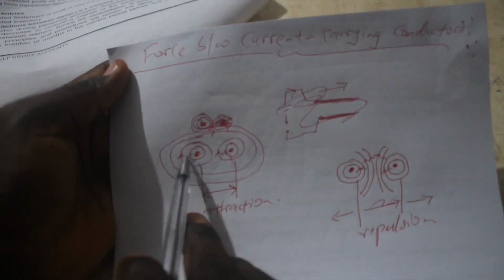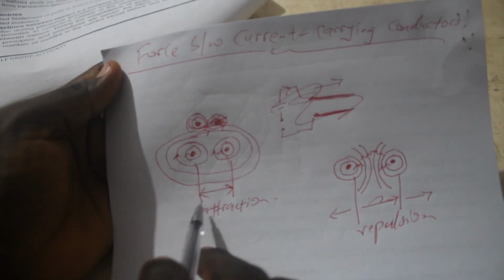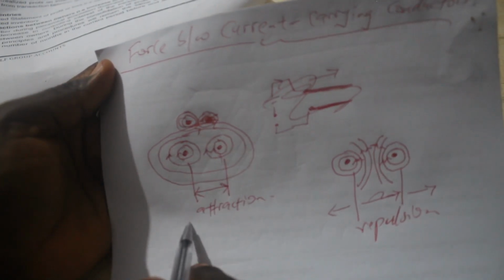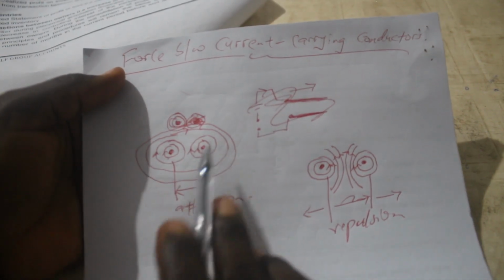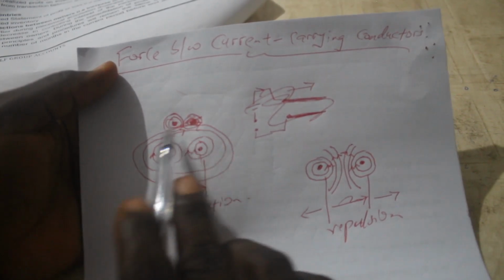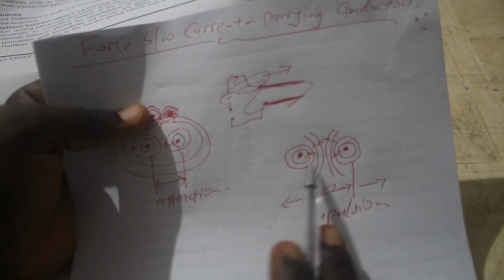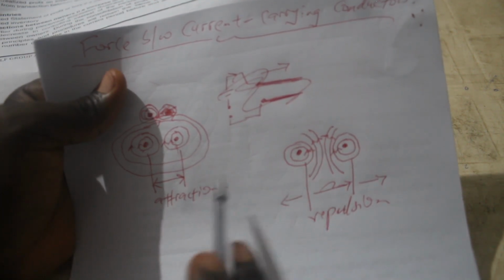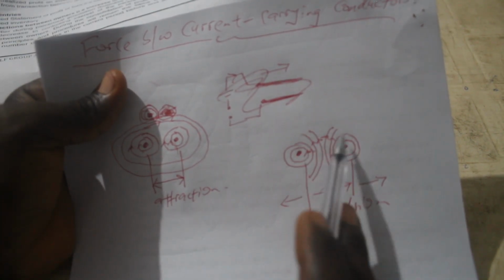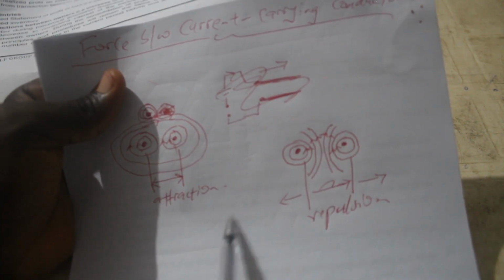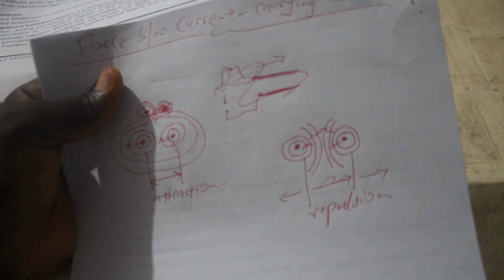So while in this case, if you pass current through them in the same direction, the magnetic force you tend to have between them is that of attraction. When you spray an iron filing around it, the pattern of magnetic field given to you will always appear in this form. And then when you do the same thing, when you pass current through the two conductors in opposite directions, this is the pattern of magnetic field you get, showing a repulsion between the two current carrying conductors.